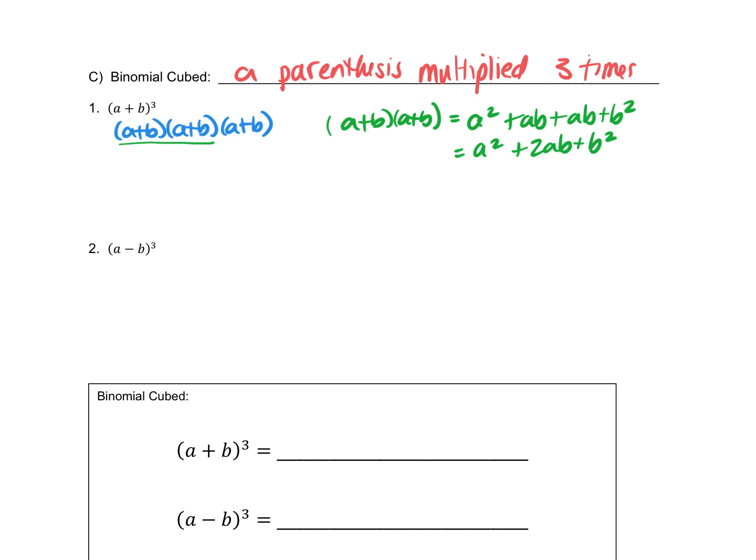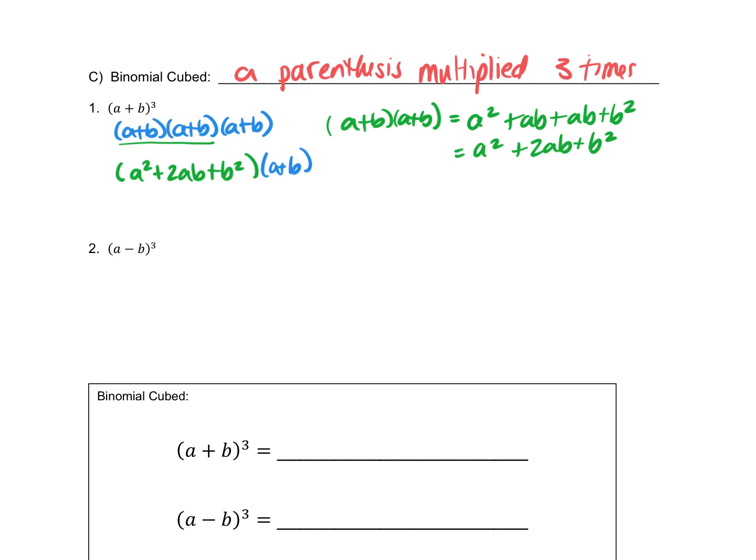Then, if I replace the first 2 with what I just solved for, now, this is a problem similar to what we did in 6.4, I think, where we had 2 terms and 3 terms. Remember I showed you the box?